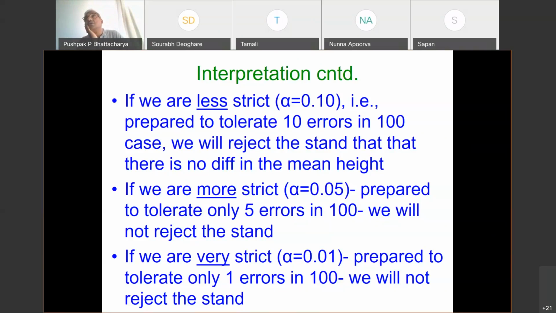And now you reject. So you reject, and since the level of significance is 5%, that means in 5 out of 100 cases you are erroneous. You have made a mistake by rejecting the hypothesis. So in 95. Sorry.